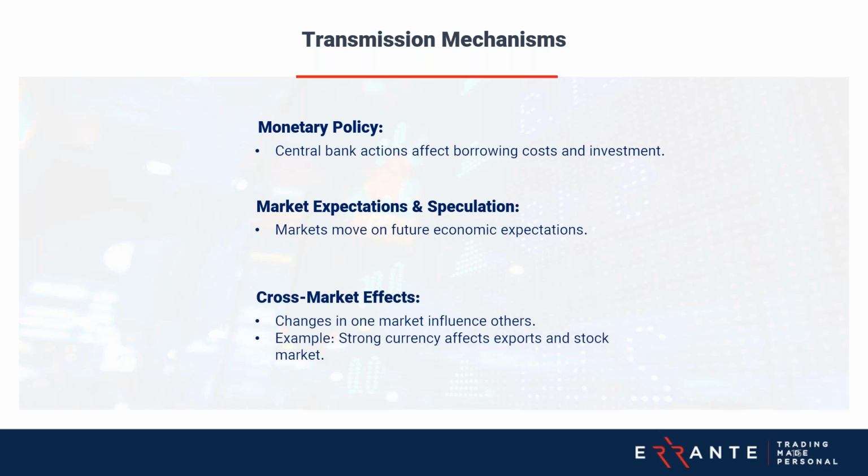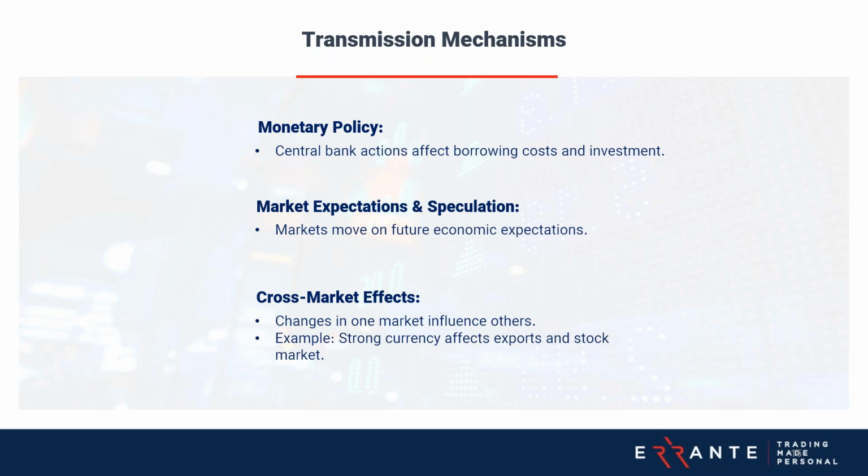And there are cross-market effects. Interconnected markets are the first thing to follow in these cross-market effects of all of the transmission mechanisms. The movements in one market can influence others due to global financial integration.